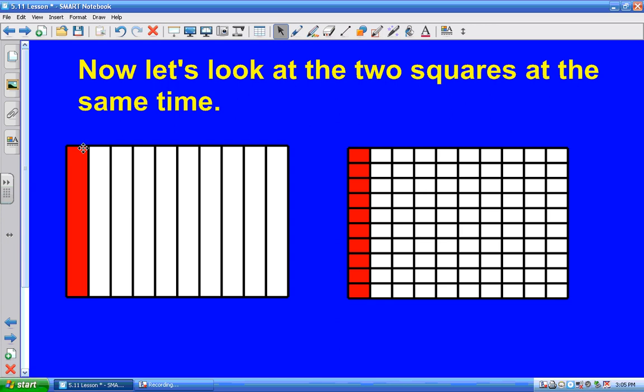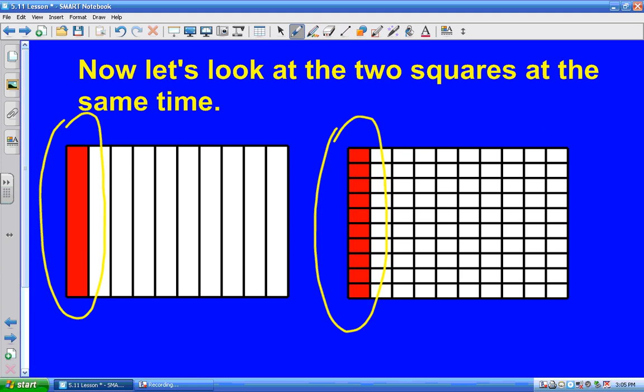It's equal, isn't it? It's one column going down. If you look at this right here, this has one column. This also has one column. Even though this is divided up into 10 pieces, this is still one column out of how many columns? 10. There's 10 columns there. So we've got the same amount there.